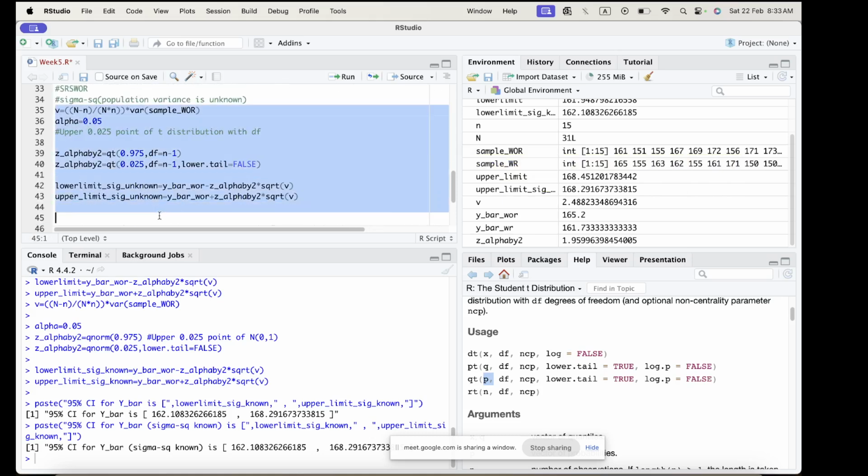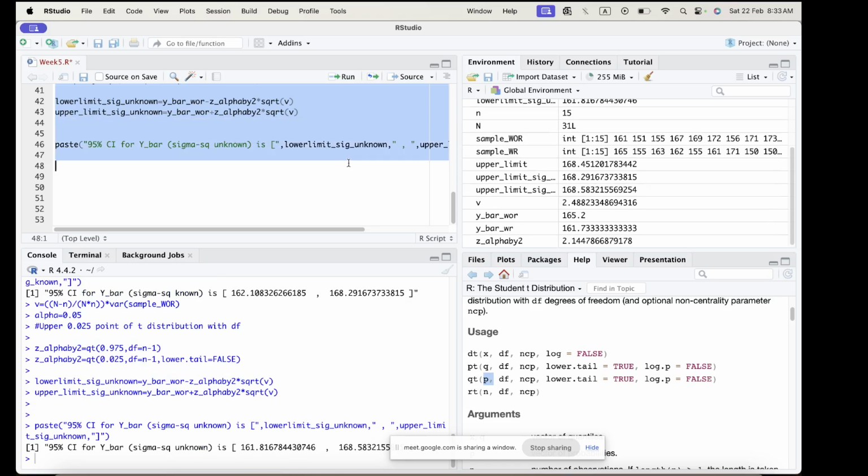So in this case, when sigma is not known, this is the confidence interval. Just note here, this might be true, this might not be true for all cases, but for this particular case, I see when sigma square is actually known, the interval is narrower.